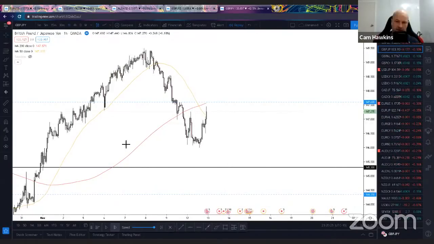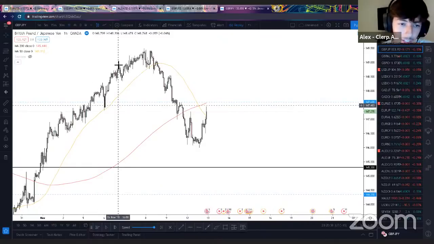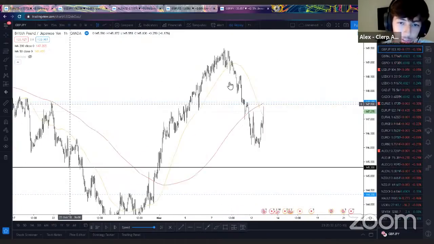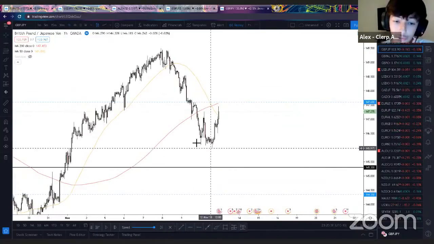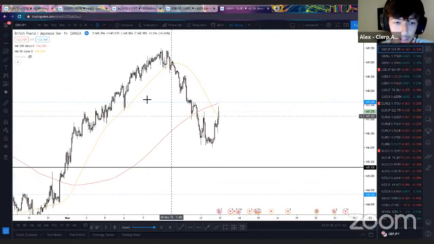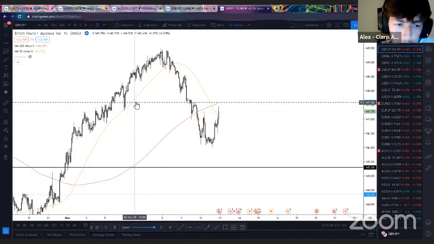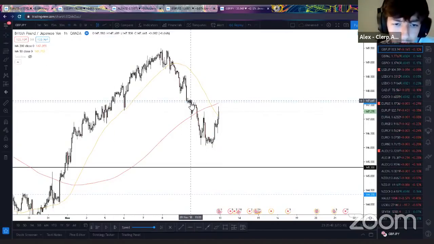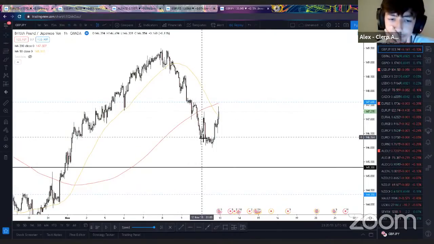What are you thinking here? Are you thinking short or long? I'm thinking short, mainly because it came up, and this could have been a false breakout on the higher time frame, but it came up, or it could be a retest or a retracement. Price came up, it broke the daily support or resistance. For a couple hours, it was on that level, and then it broke, retested, broke.